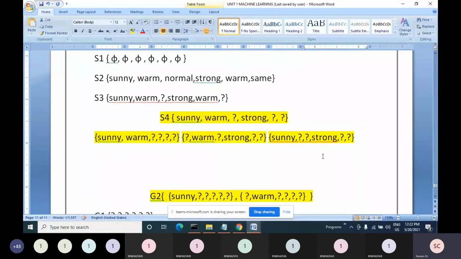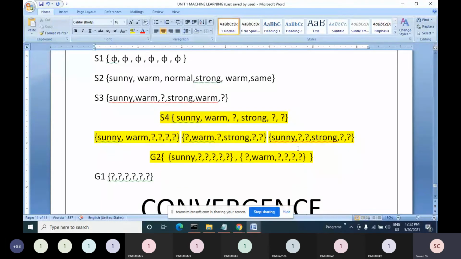Obviously you will ask me, sir, if there is only one formula, we would have applied it and got the result. But there are 6 hypotheses. This is hypothesis 1, this is hypothesis 2, this is hypothesis 3, this is hypothesis 4, this is hypothesis 5, this is hypothesis 6. Now you will ask a question, sir, when I have 6 different hypotheses, which one should I use?